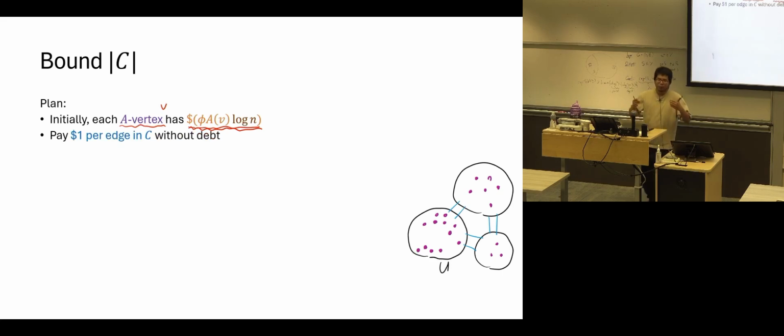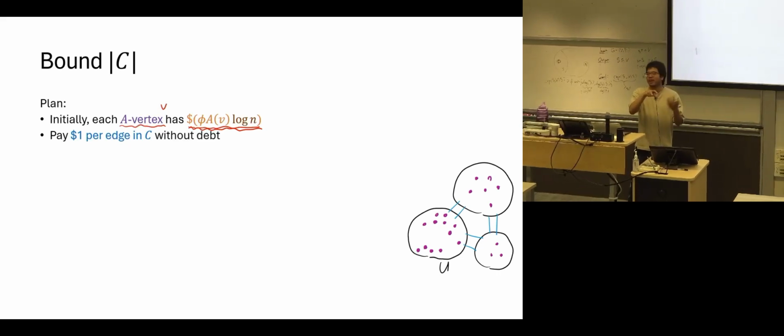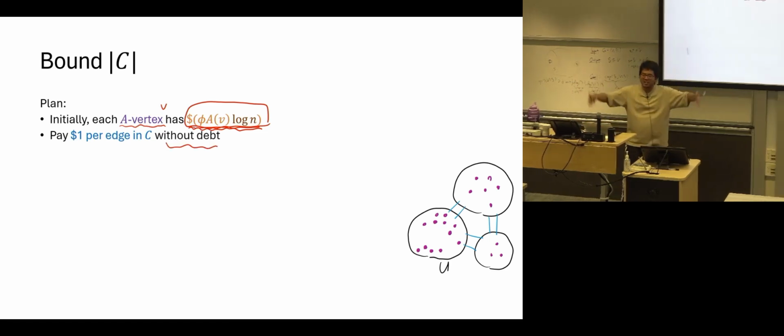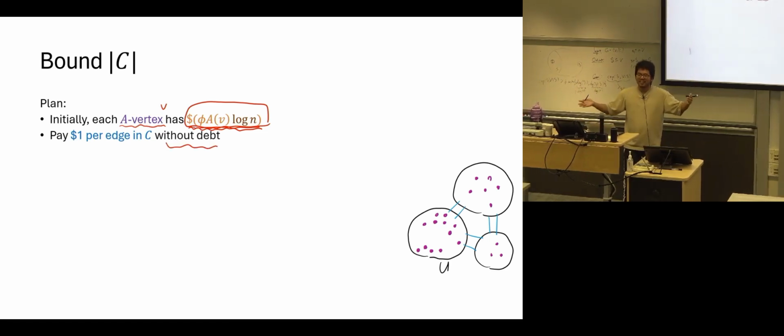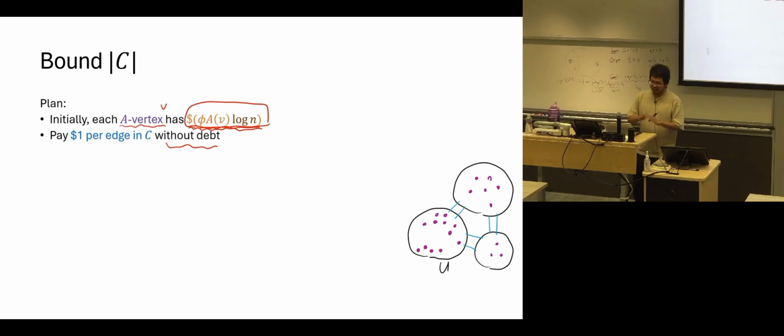Whenever I put some new edge into my cut C, I'm going to pay $1 using this money. I guarantee that without debt, just by using this initial money, I can pay $1 to each edge in C.